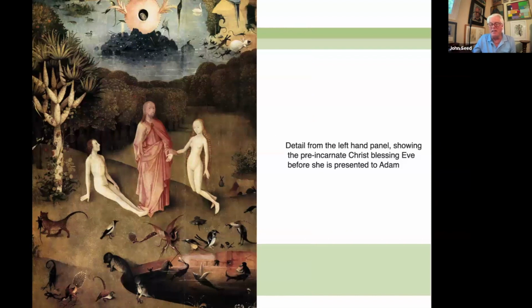Here in a detail of the left-hand panel, we have pre-incarnate Christ blessing Eve. And you can see in the foreground all the wild reptiles and birds and even amphibians coming out of a circular pool, with a wonderful detail of what looks to me like a desert plant on the left.